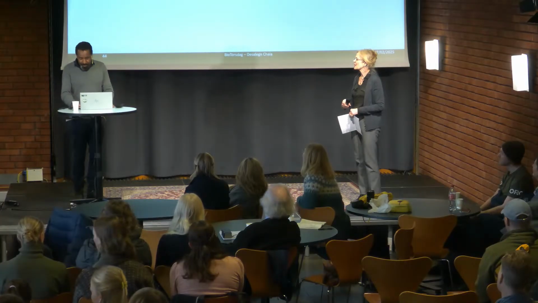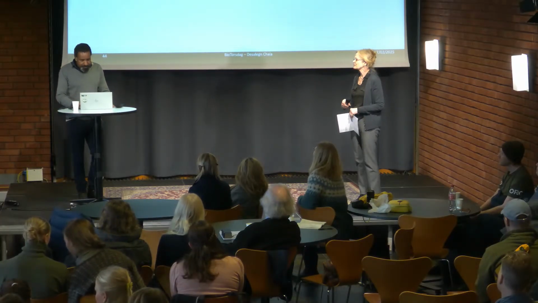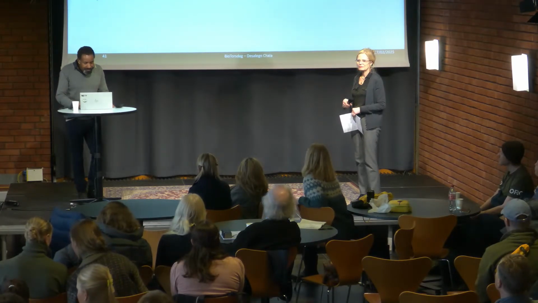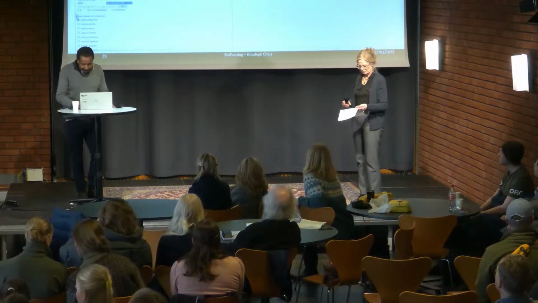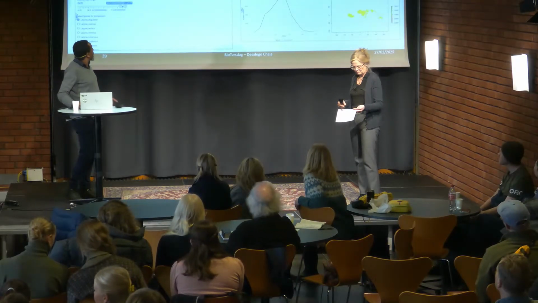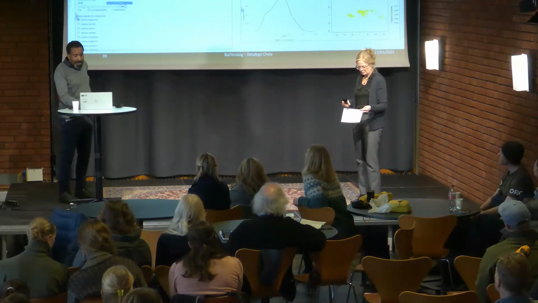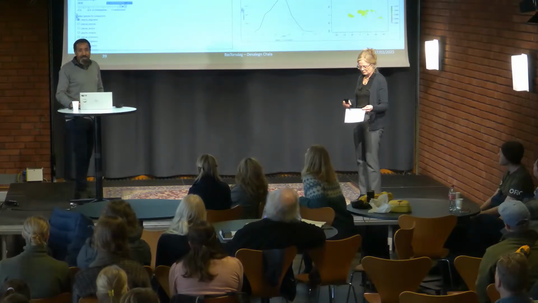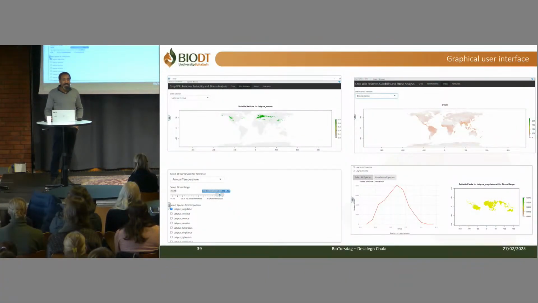Yes, yeah. Normally, these maps are produced using machine learning methods. Normally, we are using a maximum entropy model. We are using boosted regression trees, which is a machine learning approach.